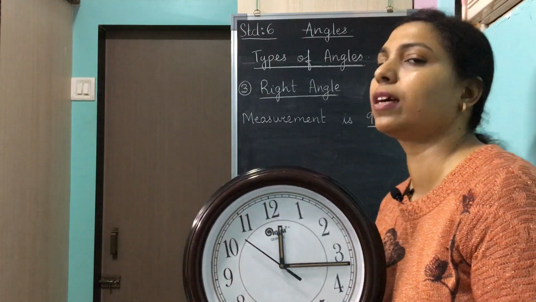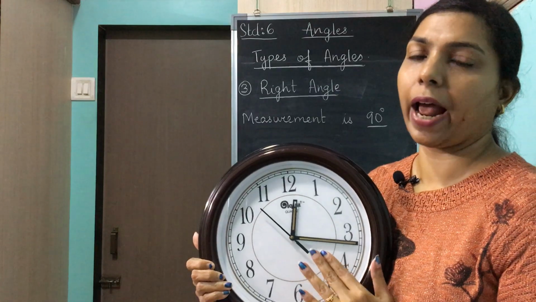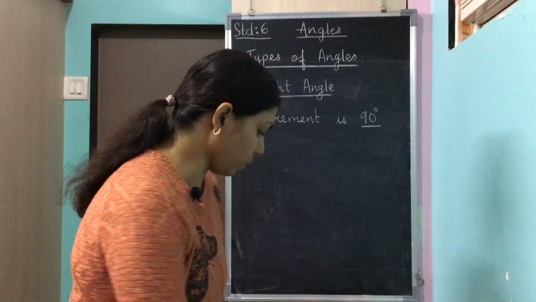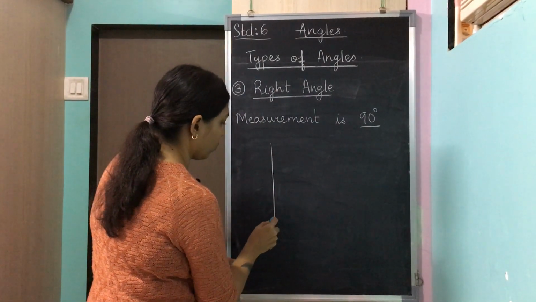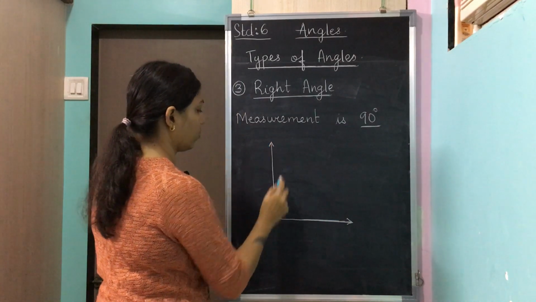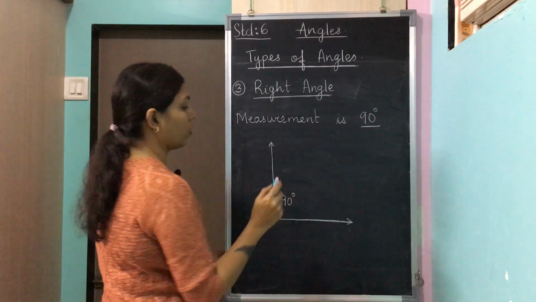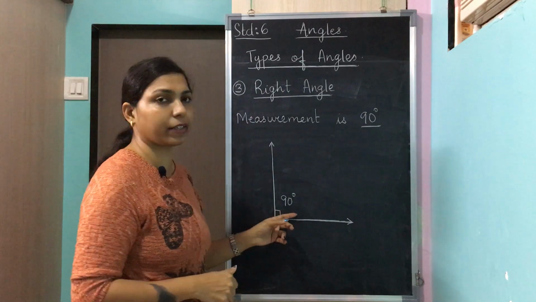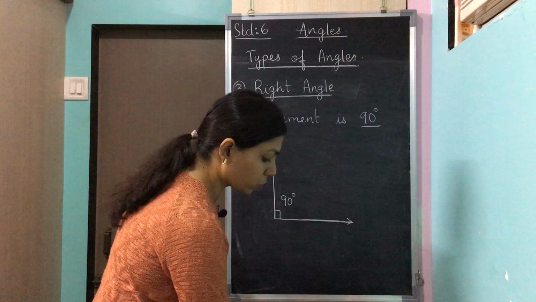If you measure such an angle, it will be exactly 90 degrees, and this is called the right angle. So I'll draw it on the board. So when you have an angle which is measuring exactly 90 degrees, it will be called a right angle. Copy it down, students.